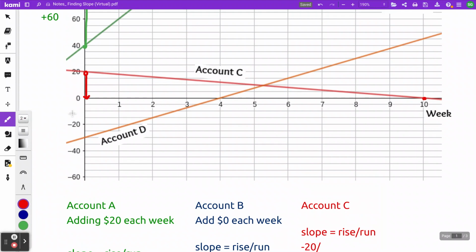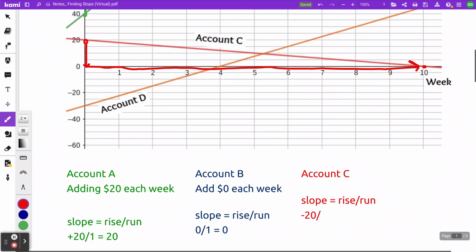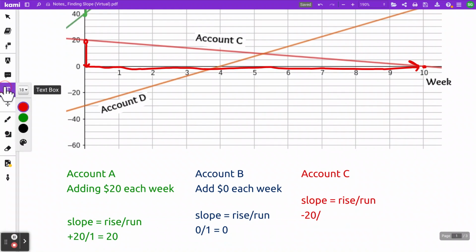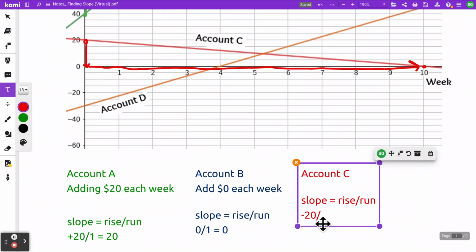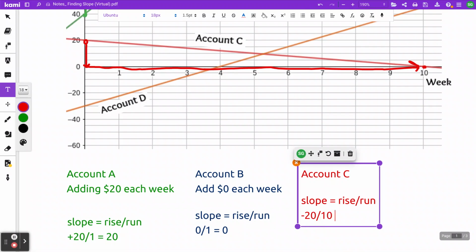Not $20 each week though, because look, it took them all of this time, all the way until week 10 to spend that $20. And so going back again to my slope, I went down $20 over 10. They spent $20 in 10 weeks. And when I do that division, that would be negative 2.